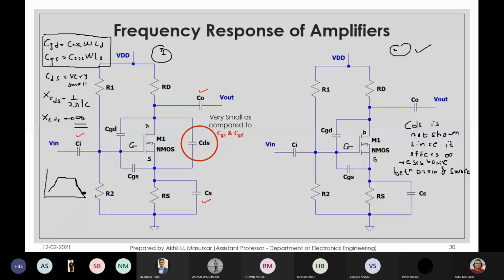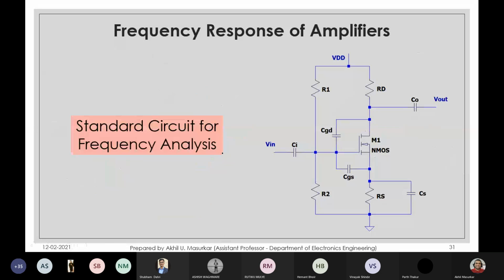If you are on the second circuit, the next slide has exactly the same circuit.